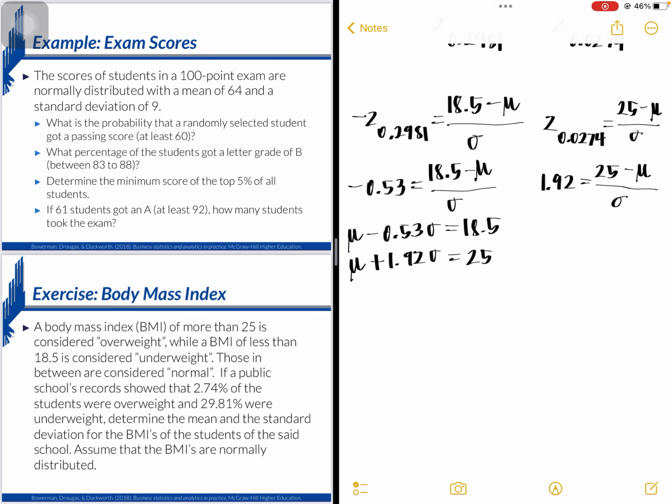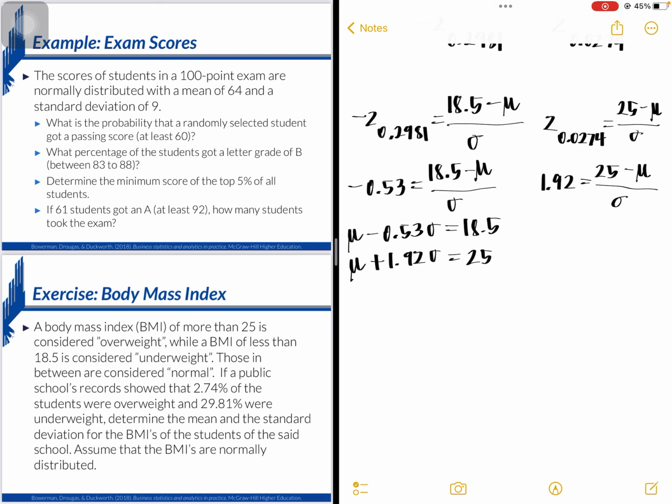So I'll input the values. Positive 1, that's a constant for the first missing variable. The constant for the second missing variable is negative 0.53. And the value at the right hand side is 18.5. For the second equation, the constant is also 1.